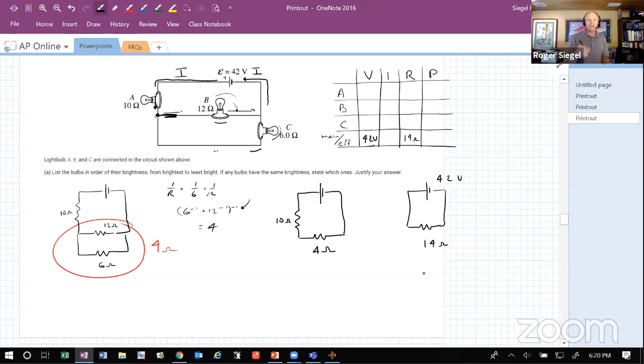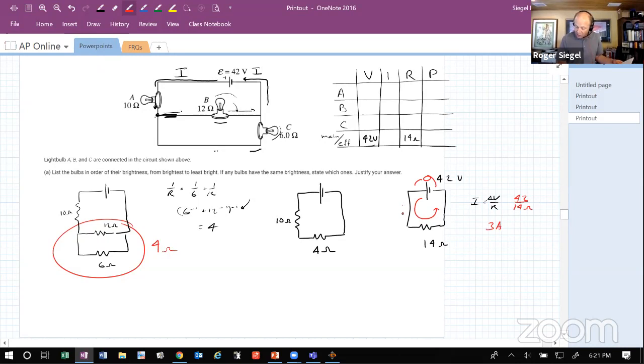Now, what that allows me to do is to find the current in the main branch. And so I is equal to delta V over R. If I look in this main branch here, this circuit, I can see that there is a 42 volt gain right here. So that delta V is 42, and my resistance is 14 ohms. And so that gives me 3 amps.